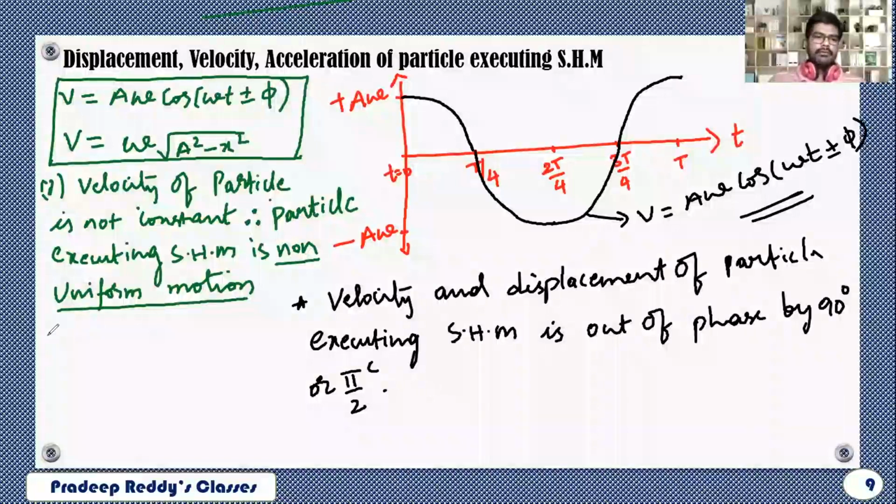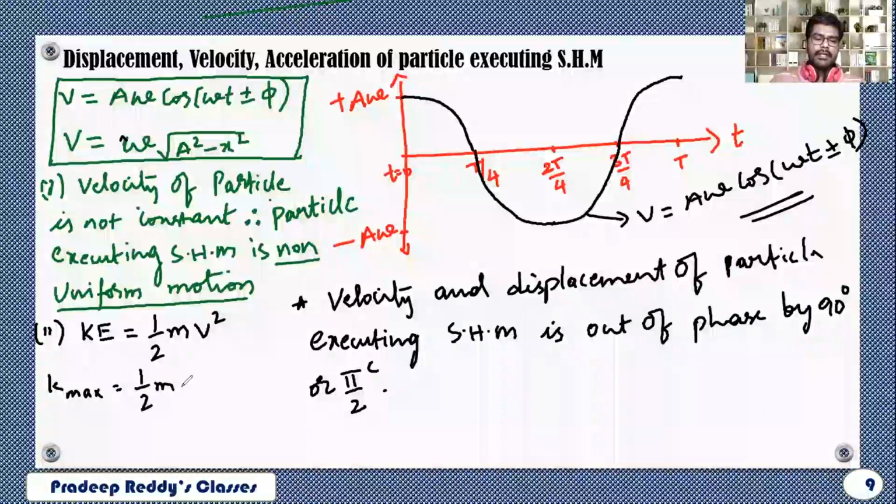And as we know, whenever we are dealing with velocity of the particle, you can even calculate kinetic energy. Kinetic energy is equal to half m v square, where v is velocity, maximum velocity is a omega. Therefore, kinetic energy maximum is equal to half m a square omega square.